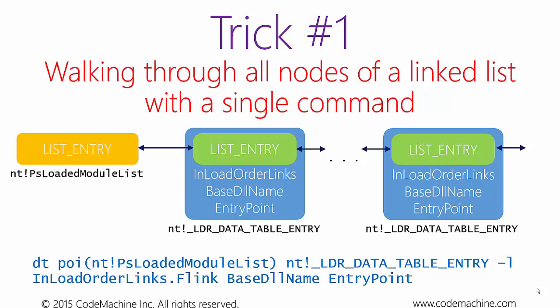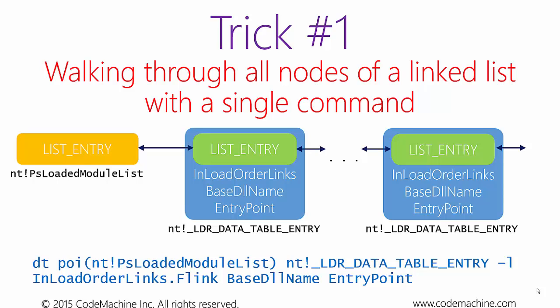The anchor, or the head of this list, is stored in a global variable called PsLoadedModuleList, which is also of type LIST_ENTRY. If we are able to walk through this list in the debugger, we should be able to display a list of all the kernel modules that are loaded on the system. Let's see how we can do that.